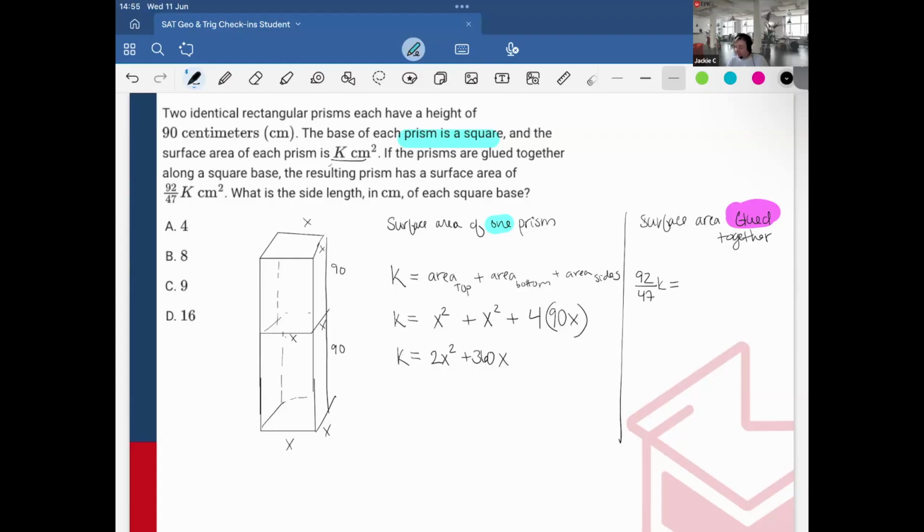And it's going to be equal to the area of the top plus the area of the bottom plus the area of the sides.